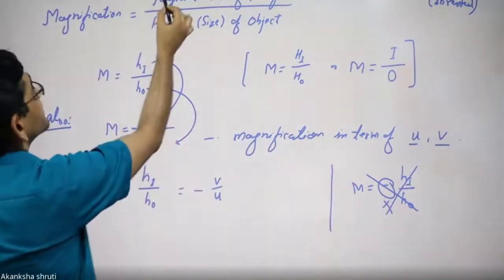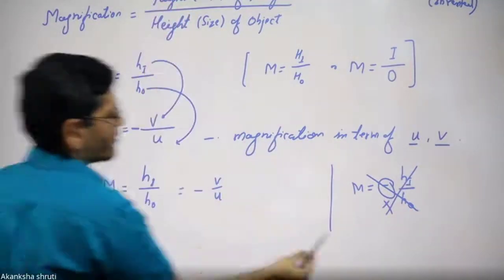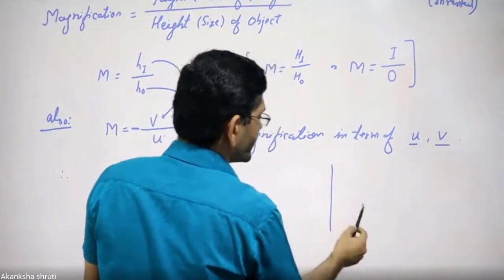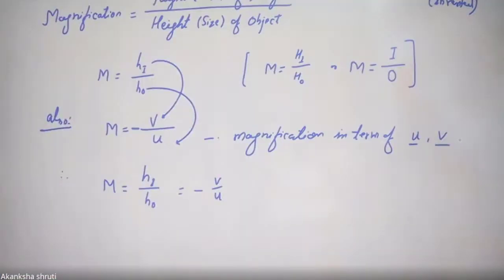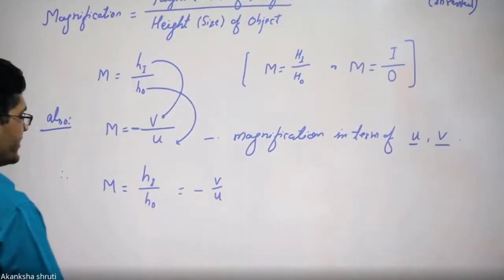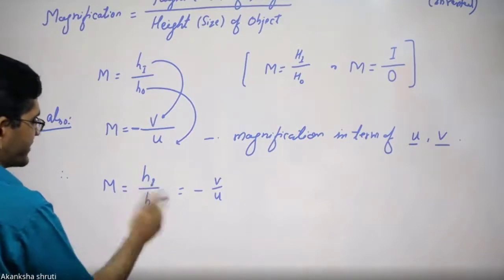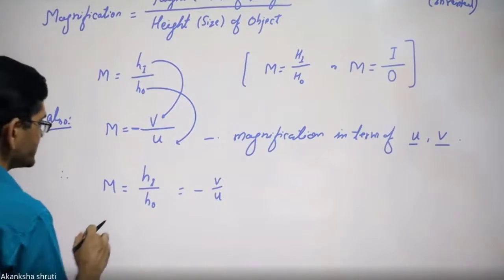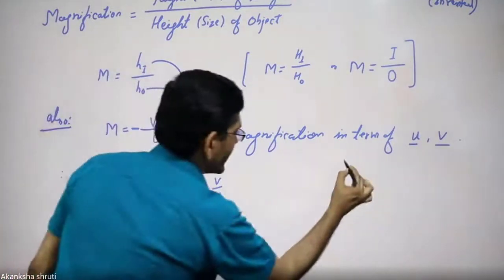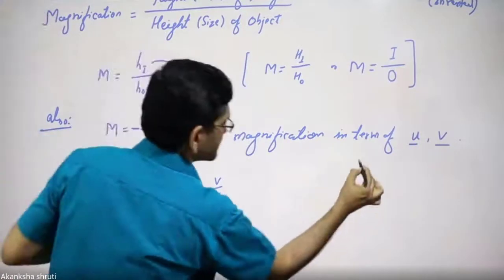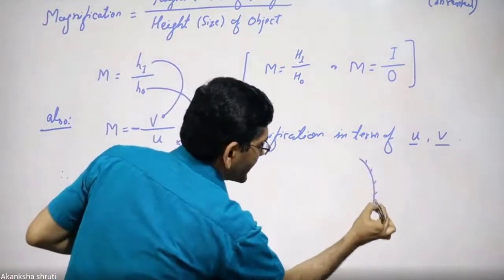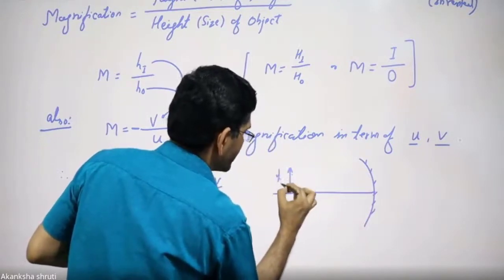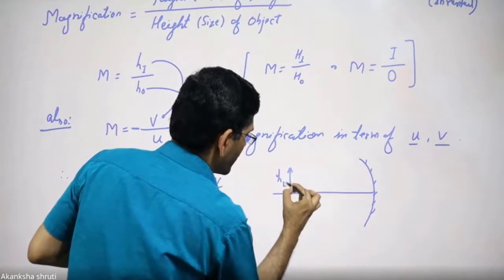Students, by using this magnification, we can also predict the nature of the image. How? Observe it carefully. You may consider either this part or this part. We know that if we consider this concave mirror, this is the object, meaning HO.